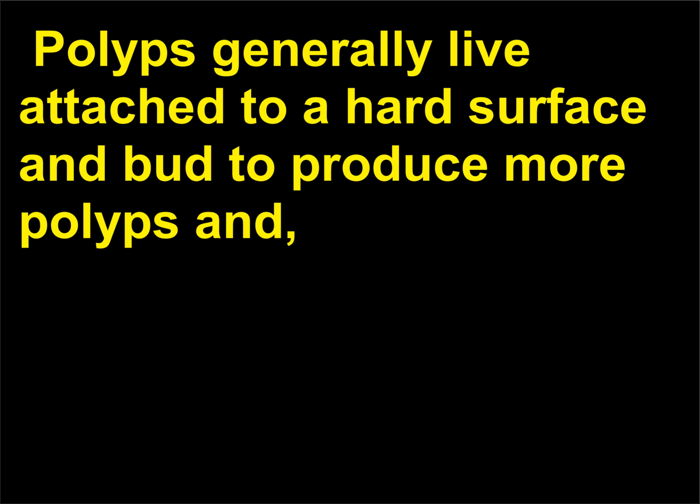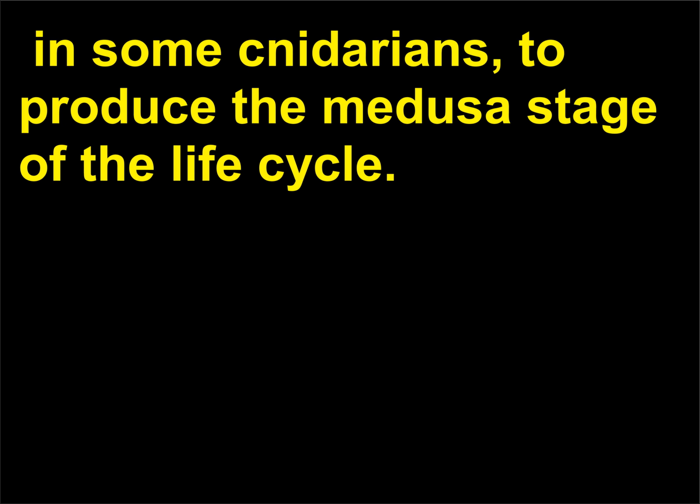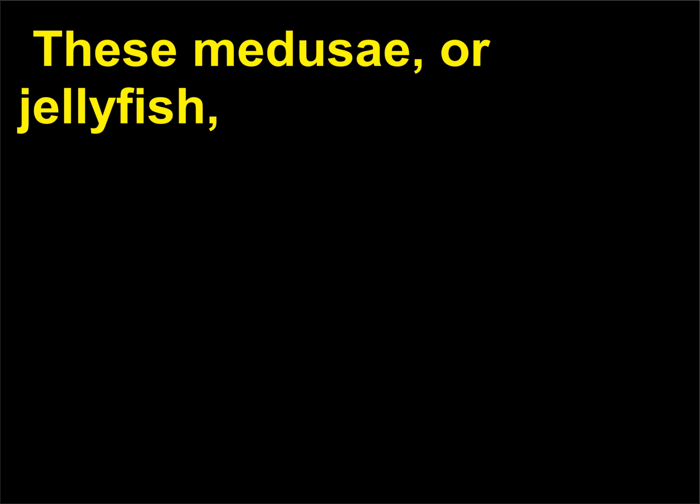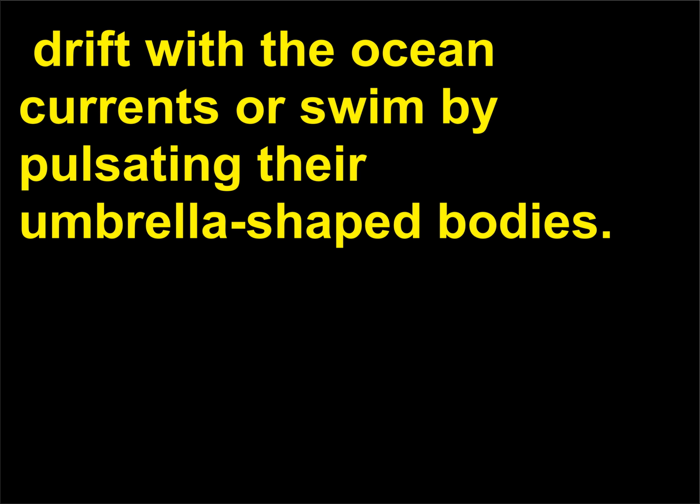Polyps generally live attached to a hard surface and bud to produce more polyps and, in some cnidarians, to produce the medusa stage of the life cycle. These medusae, or jellyfish, drift with the ocean currents or swim by pulsating their umbrella-shaped bodies.